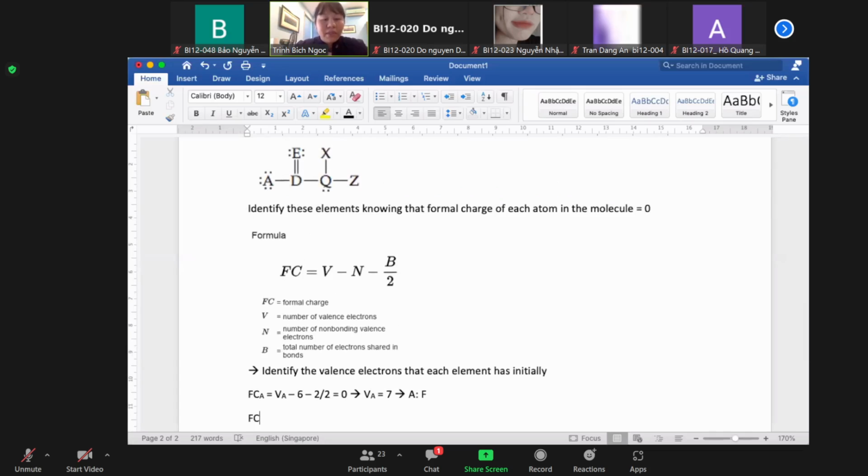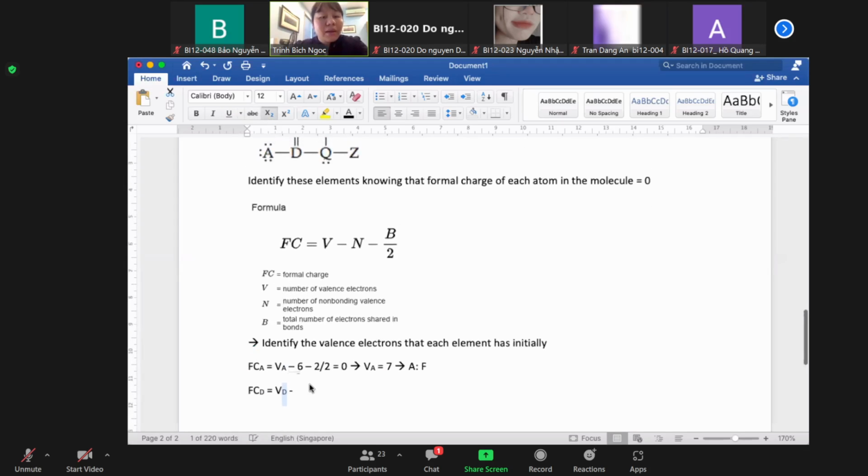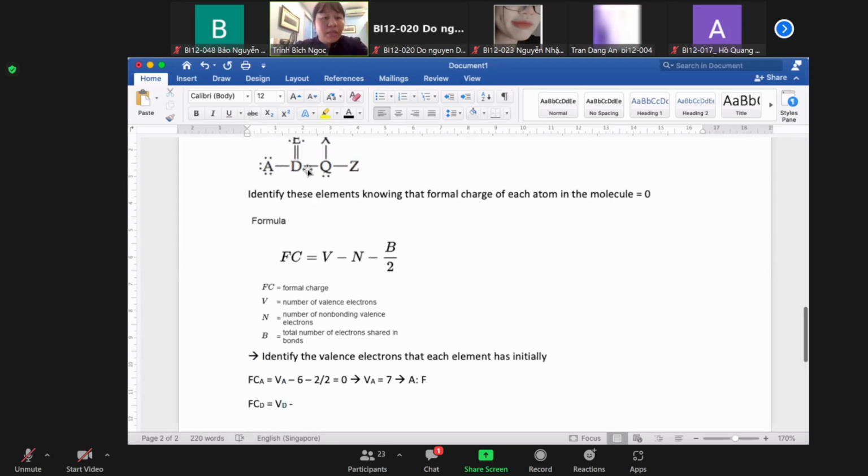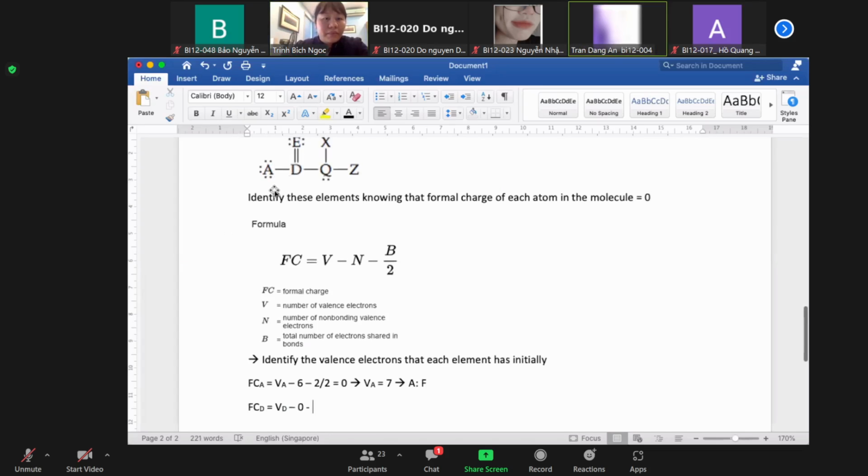The formal charge of D will be the valence electrons initially of D, minus 0, minus 8 non-bonding electrons, no, minus the bonding electrons 8 divided by 2, equal to 0.